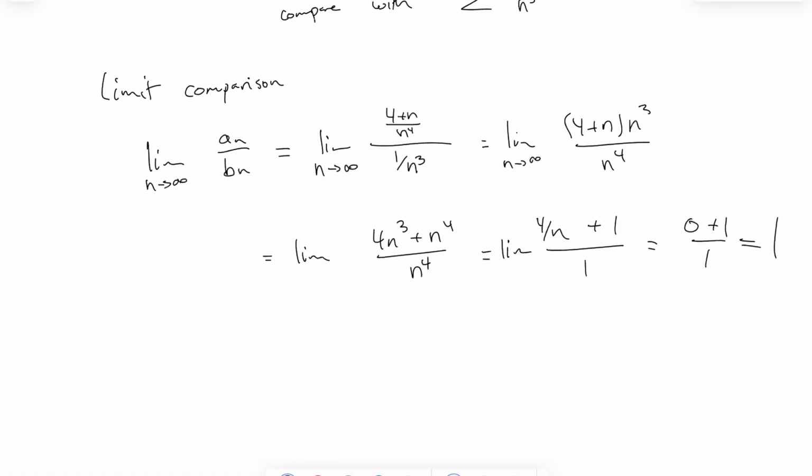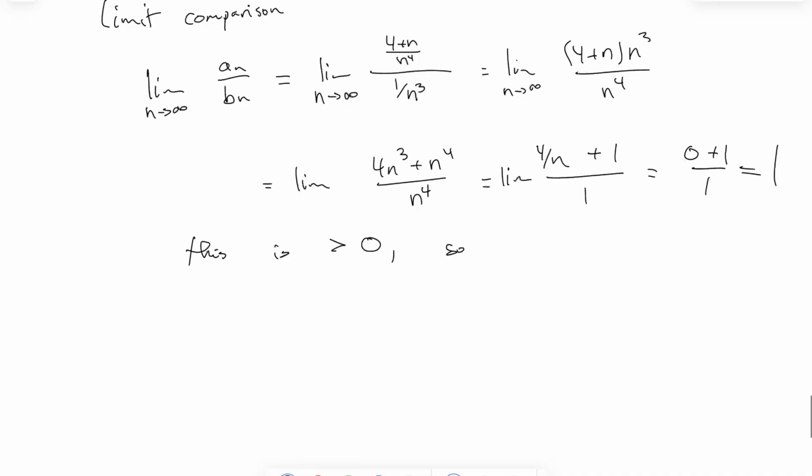All right. Is that a constant greater than 0? Yes, it is. So I'll say this is greater than 0. The 1 that I got there is greater than 0. So the conclusion is our two series have the same convergence. They were 4 plus n over n to the 4, and the other was 1 over n cubed.